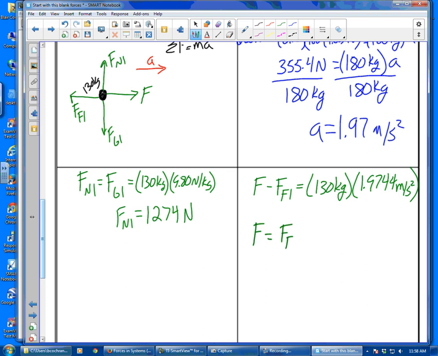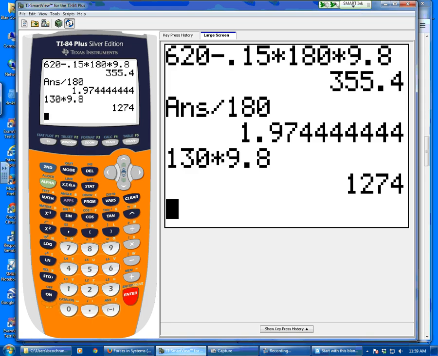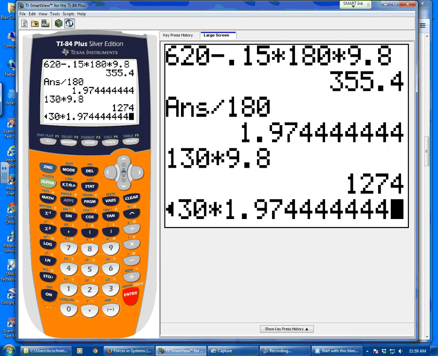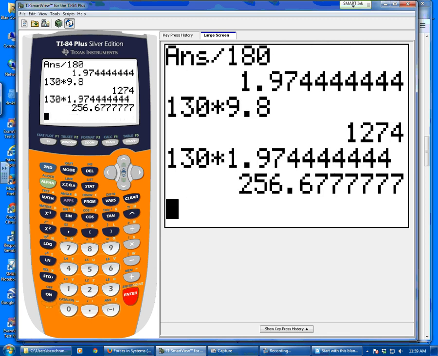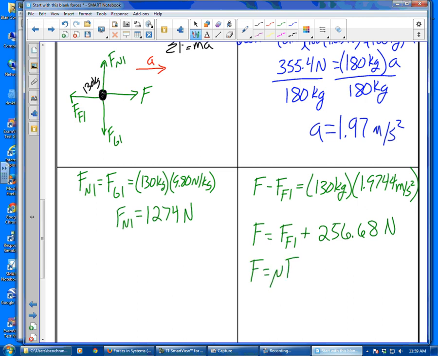F equals FF1 plus 130 times 1.97. FF1 is mu times force normal 1, 0.15 times 1274, plus 256.68.